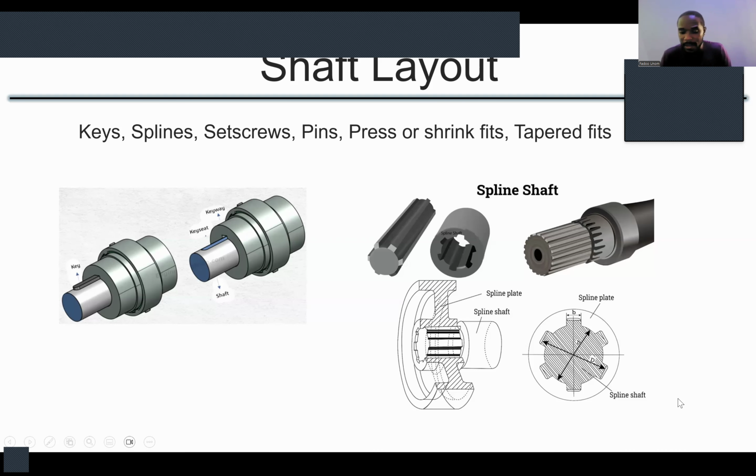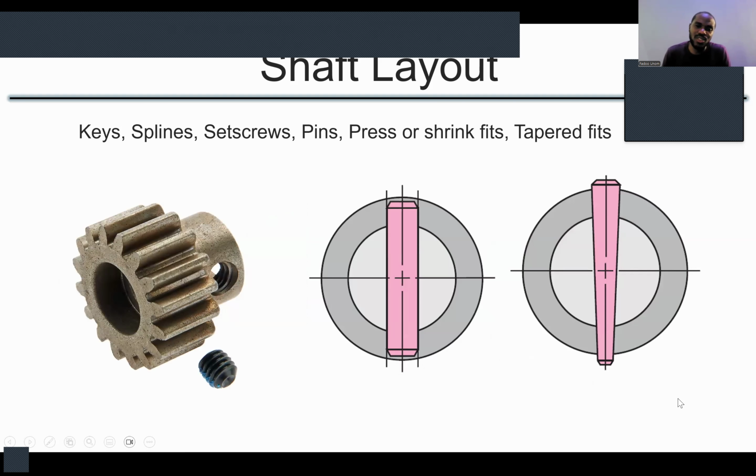Great. Next is set screws. These are usually for applications that do not require very high torques. We use this a lot in our mechatronics projects, where we are dealing with little components. Your servo motors use set screws.